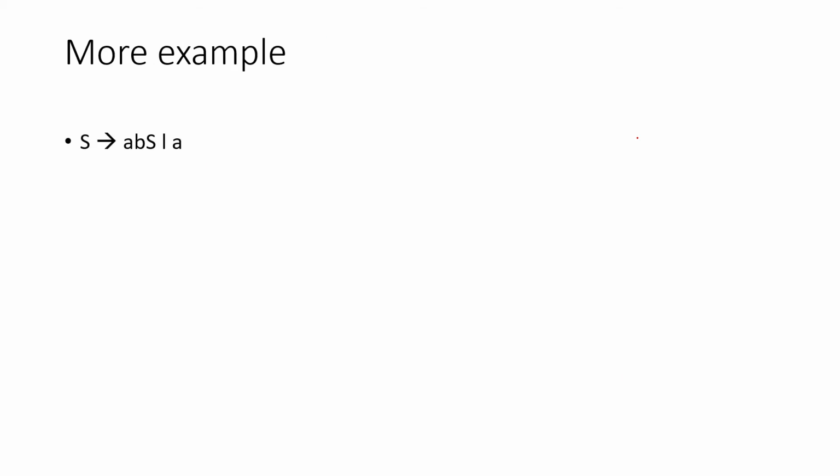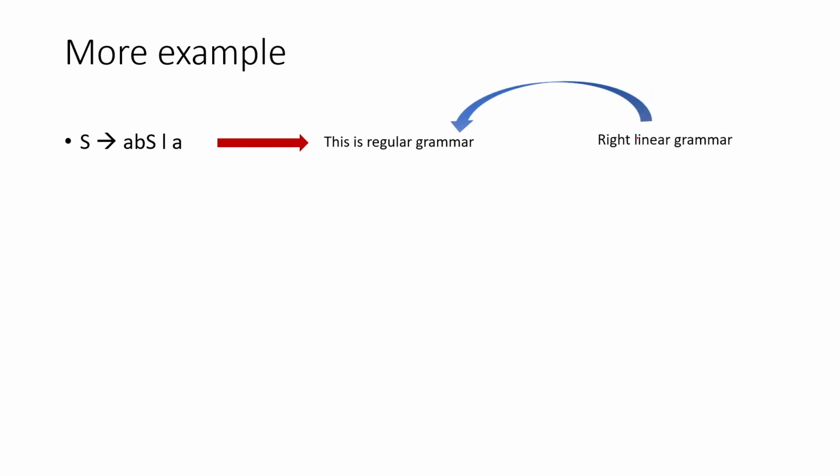Now see, let's take some more examples, something like this. This is also a production rule of a regular grammar. But you see, this is what we call a right linear grammar. Now why right linear grammar?